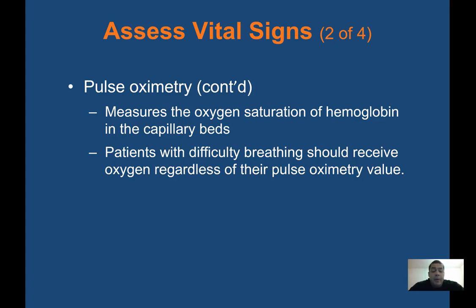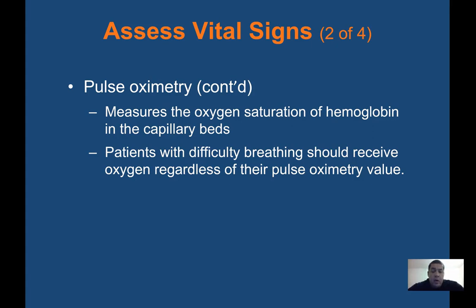It's important because just because they have a good pulse oximetry value doesn't mean they're not having difficulty breathing or that they don't need oxygen. It just measures the saturation of hemoglobin in the capillary beds. It doesn't measure what is saturating the hemoglobin.